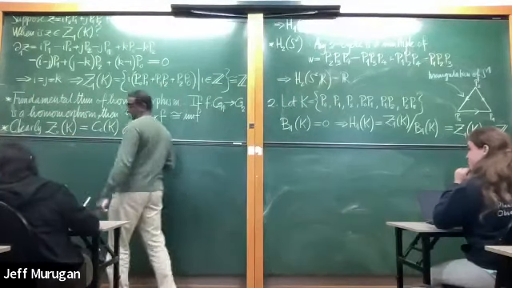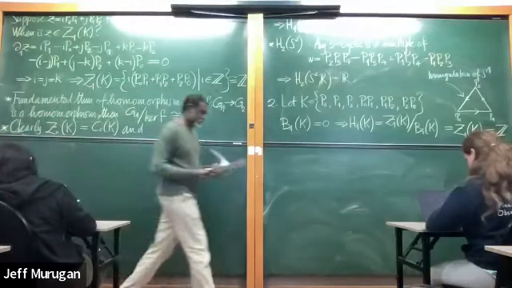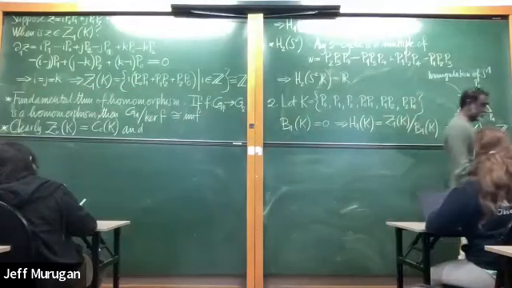And B0 is the set of objects that look like this.